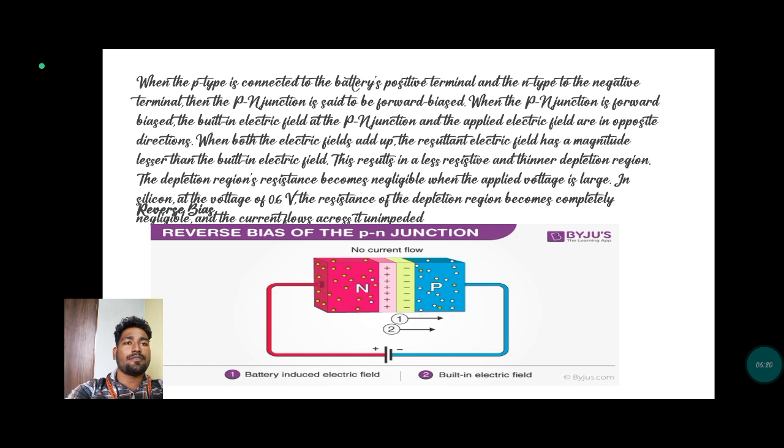When both electric fields add up, the resultant electric field has a magnitude lesser than the built-in electric field, thus resulting in less resistivity in the depletion region. The depletion region resistance becomes negligible when the applied voltage is large, in silicon at a voltage of 0.6 volts.